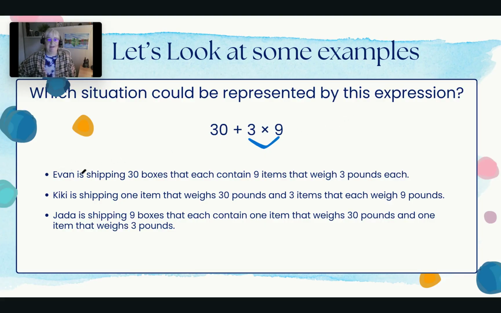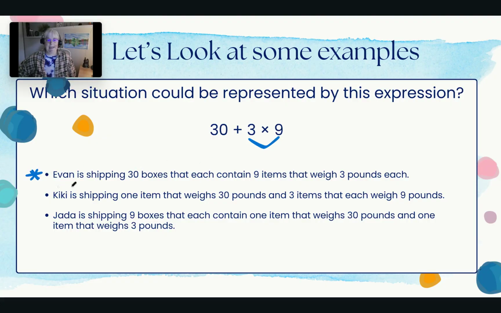First problem, Evan is shipping 30 boxes that each contain 9 items that weigh 3 pounds each. Interesting. So we've got 30 boxes, and each box has 9 items. Each item weighs 3 pounds, so that's like 9 times 3. Ooh, this looks like a good option right here.